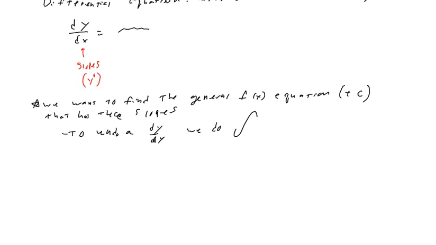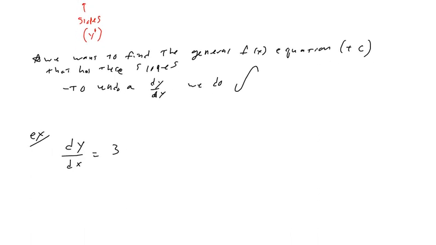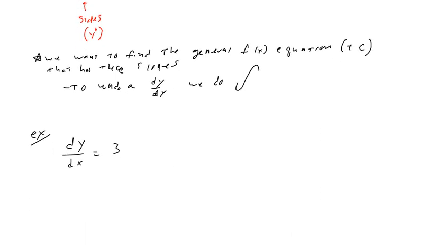So let me show you how we're going to do this, and why we call this a separable differential equation. Let's take an example. If I have an equation, dy dx equals 3. This means that everywhere the slope of your derivative is 3. So if you imagine the slope field of this, every point is going to have a slope of 3.